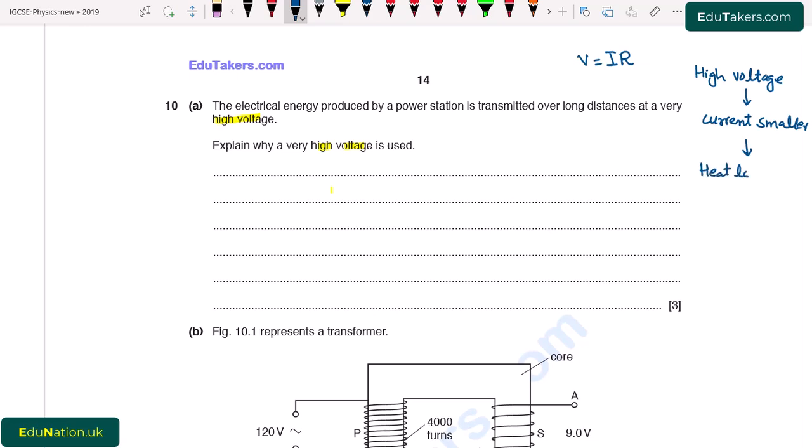So heat loss will decrease. So to decrease the heat loss, we use the high voltage that transmit electrical energy over the long distances. I write here high voltage means lower current.